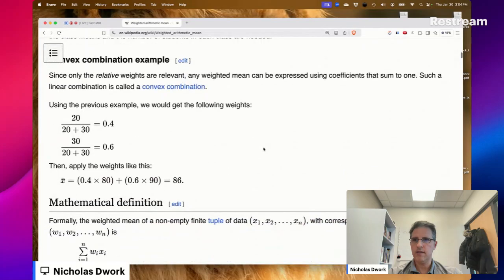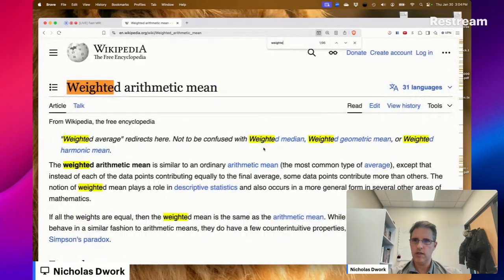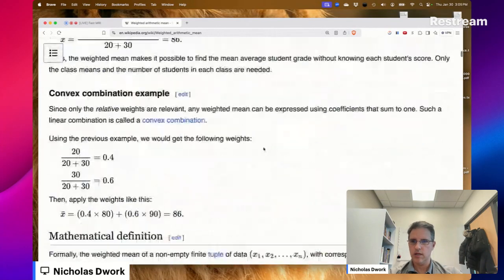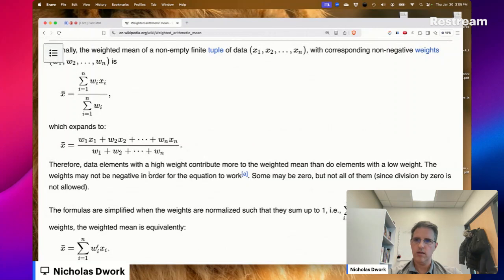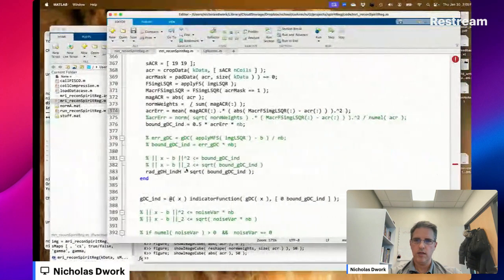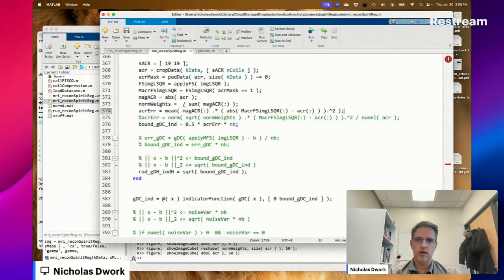Arithmetic mean. So we shouldn't be taking the mean here? Is that what you're telling me? It doesn't make sense.